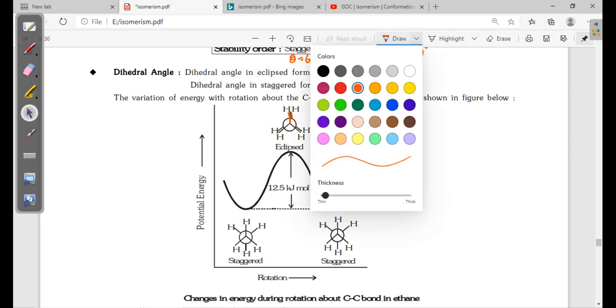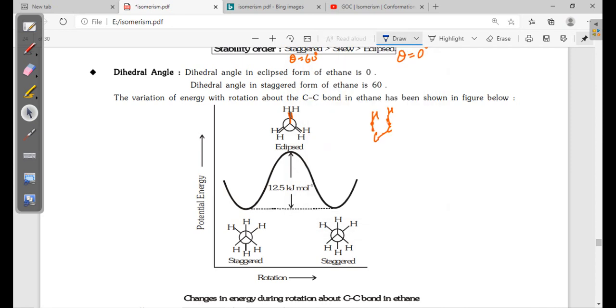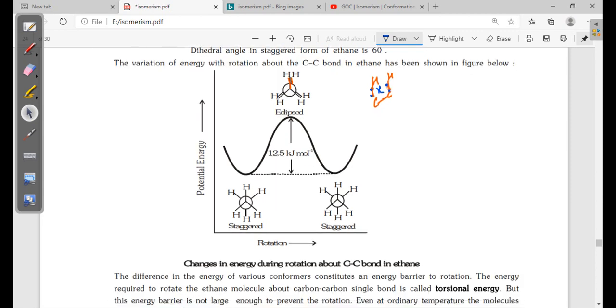Due to that negative charge, this electron cloud and that electron cloud repel each other. This is called torsional strain.